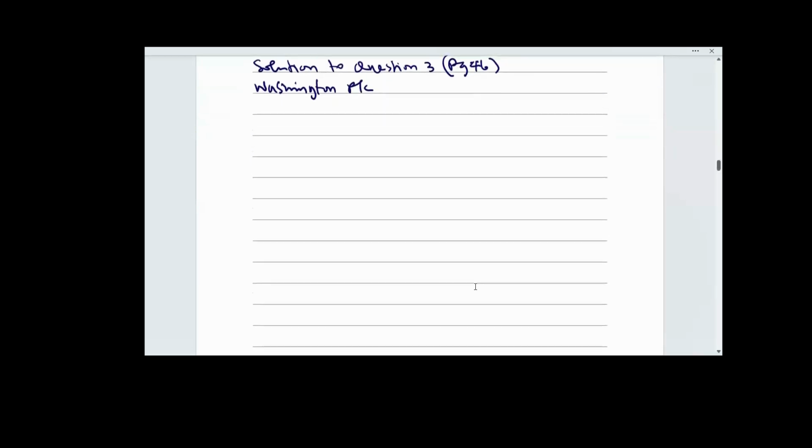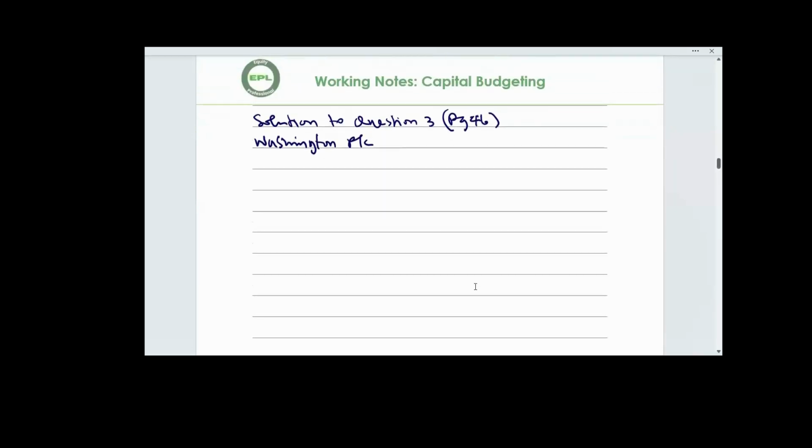The examiner is asking you to compute NPV. So number A, Roman figure 1, calculating net present value. Please, on the day of your exam, write NPV out in full.